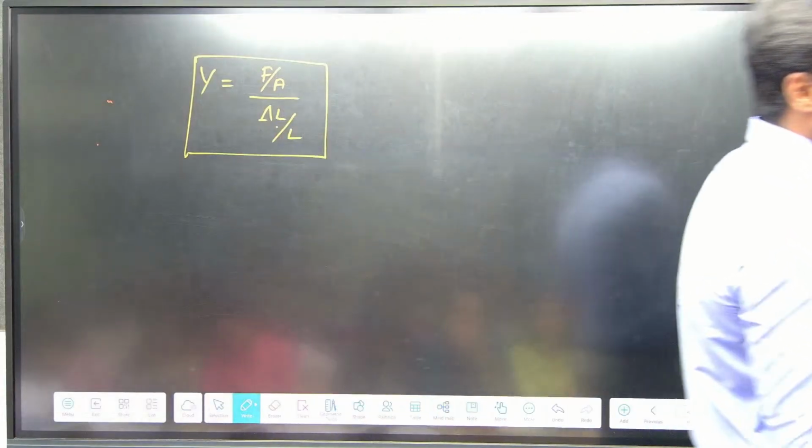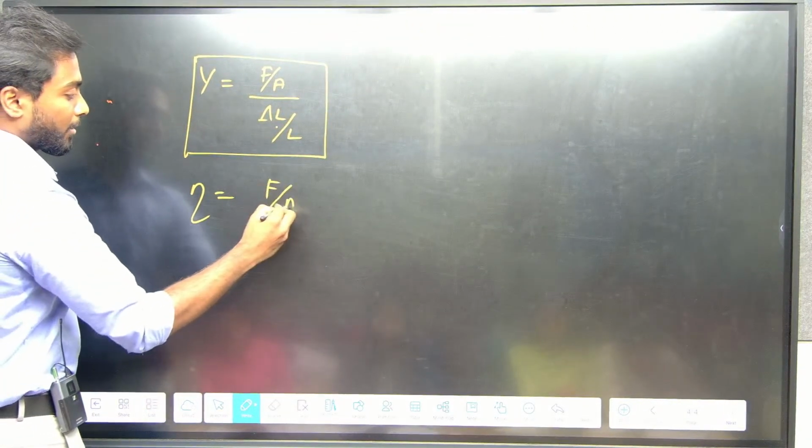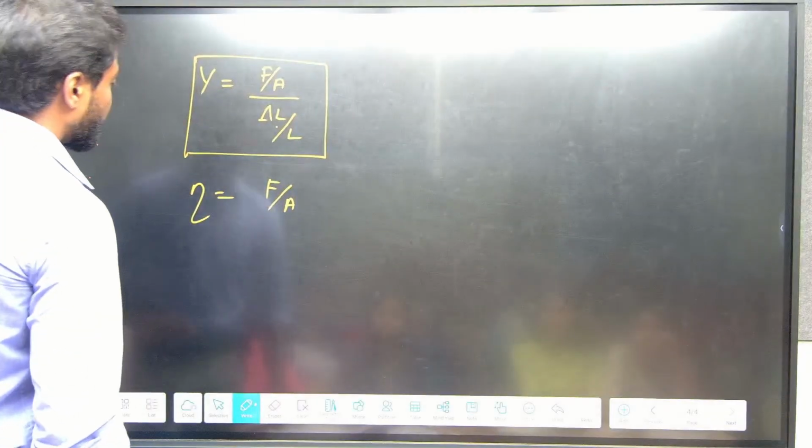So what is the second one? Rigidity modulus. Eta is equal to F by A, where F is the tangential force. Listen.